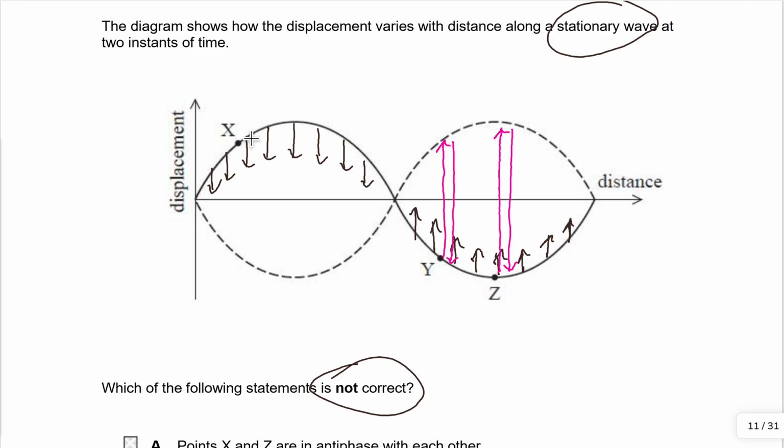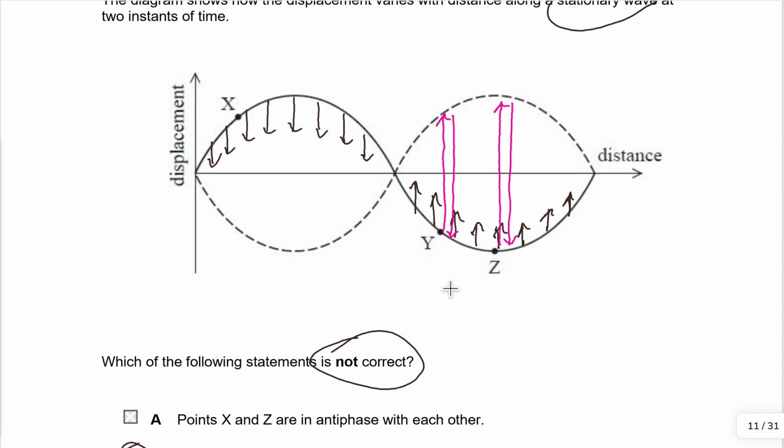All of the points between two adjacent nodes are in phase. When this part of the string is moving down, this part of the string is moving up, and all of these points between these two nodes are in sync, in phase with one another as well.